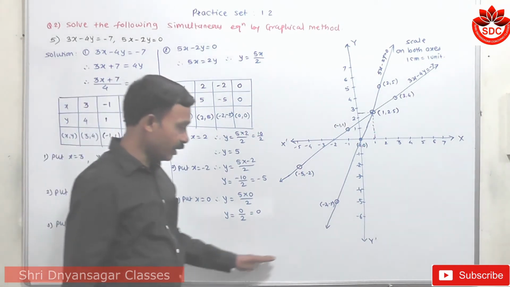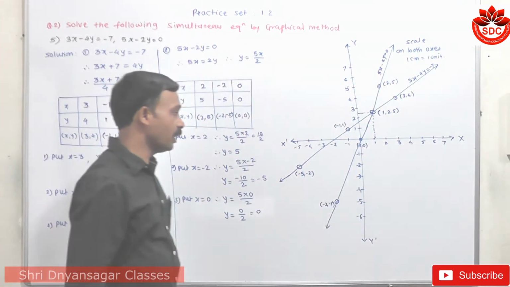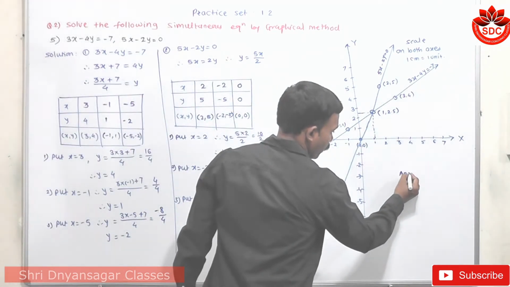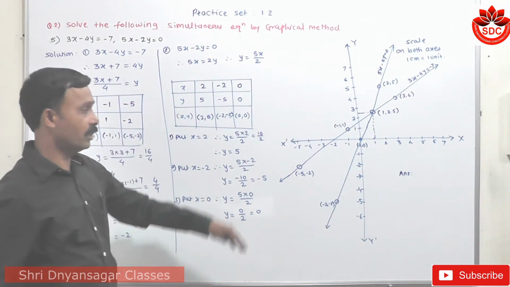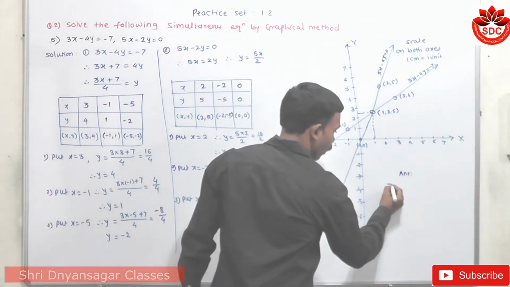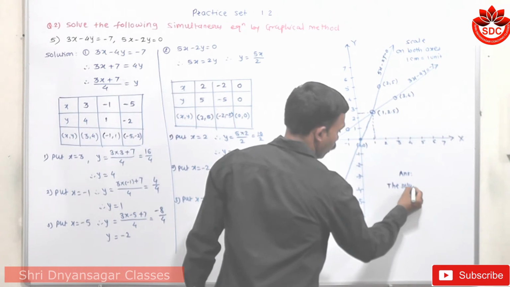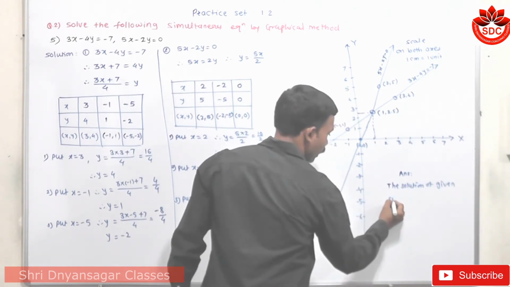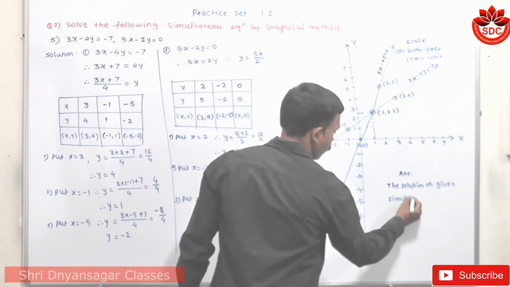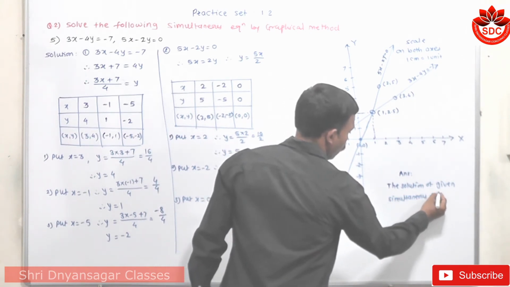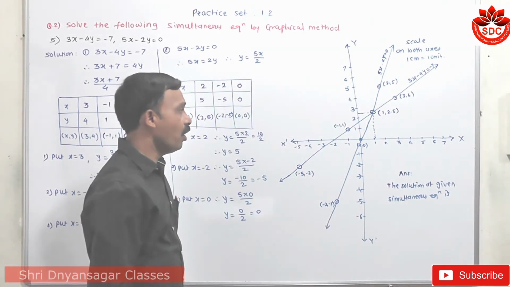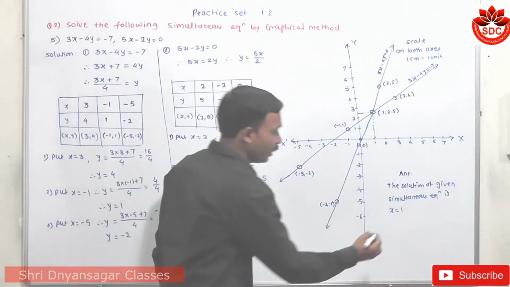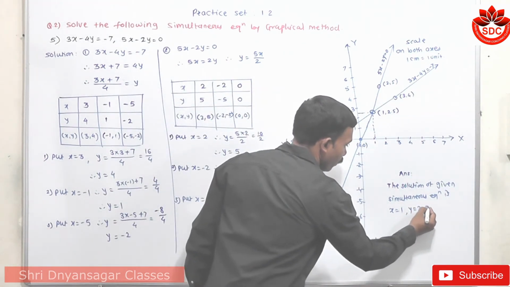Now I have to write the answer here. Write it below this graph. Now the solution of the given simultaneous equations is: the value of x is 1 and the value of y is 2.5.